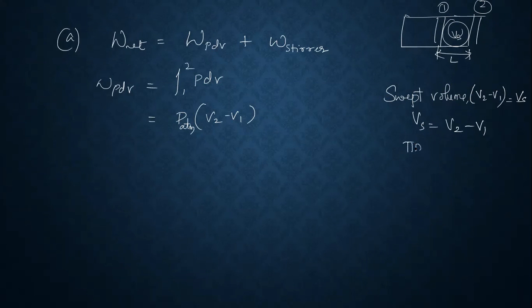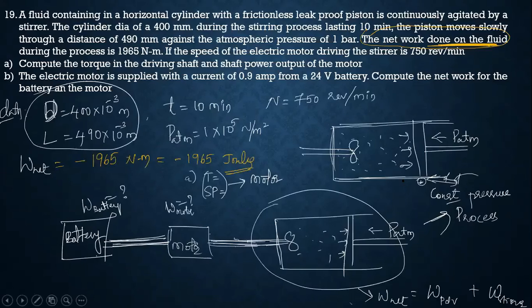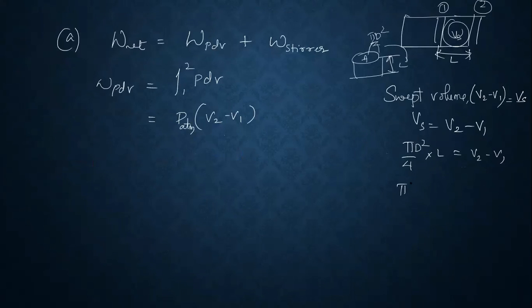Vs is pi d square by 4 into L: the cross-sectional area of the piston, which is circular, times the movement, the stroke. The diameter is given as 400 into 10 to the power of minus 3, squared, divided by 4.